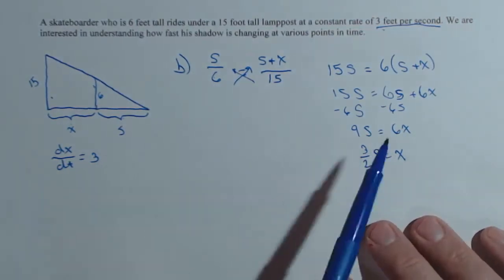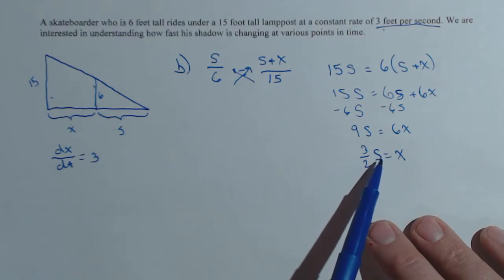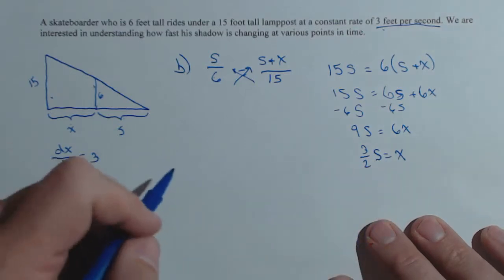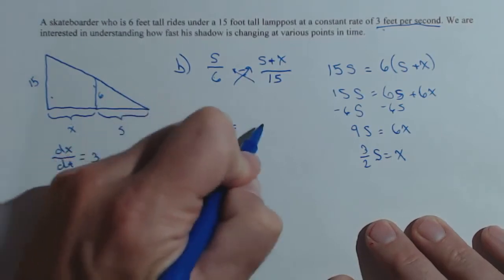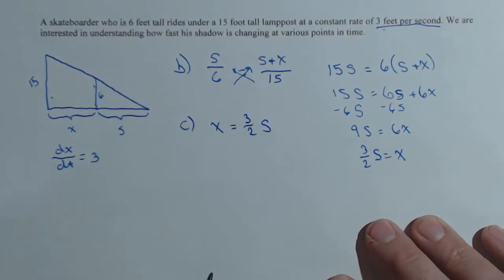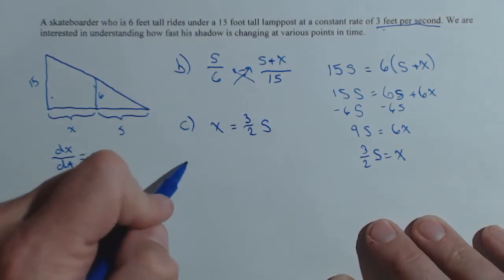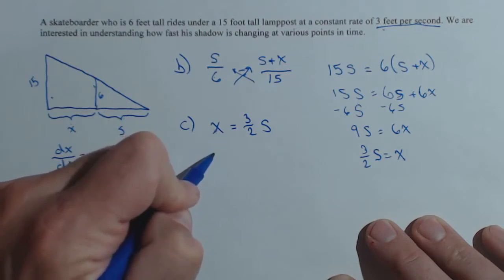So that's the relationship between x, which is the distance the skateboarder is from the lamppost, and s, the length of his shadow. Now we can use that relationship, x equals 3/2 s, to do our related rates and get the relationship between the way the rates are changing. So we take the derivative of both sides with respect to t.